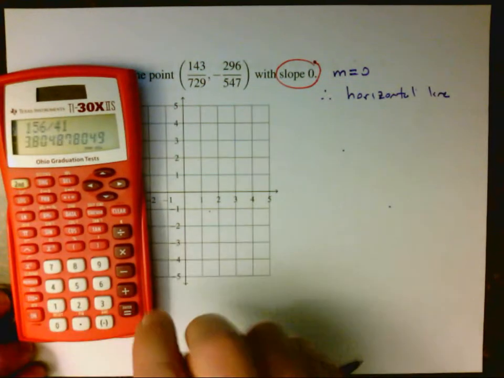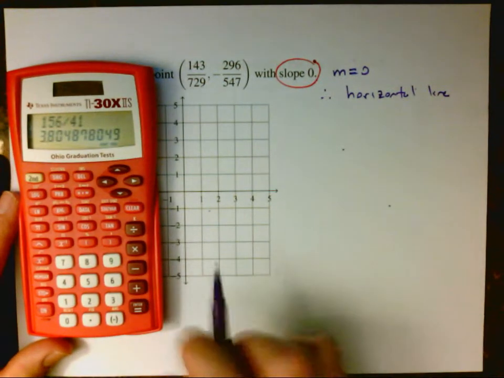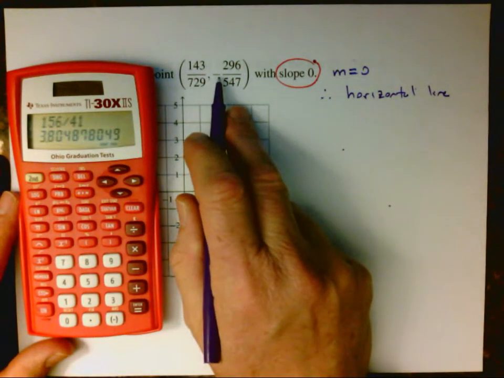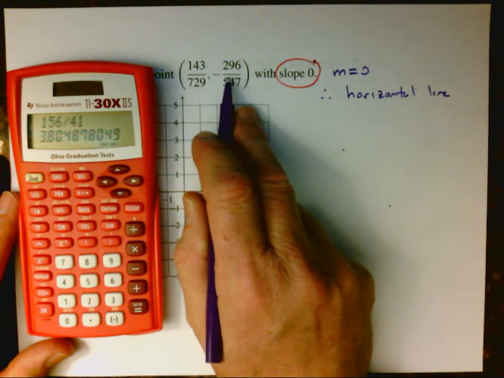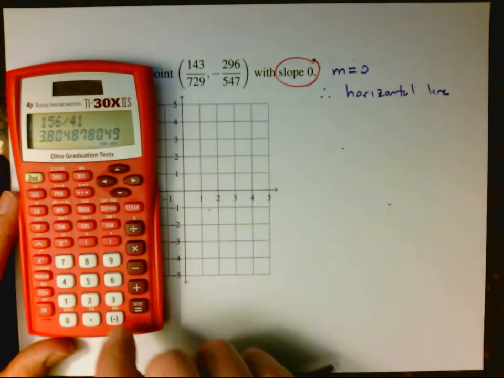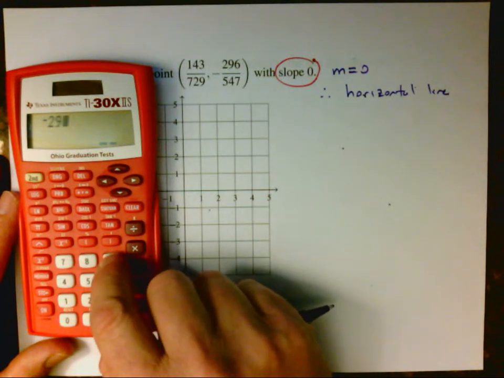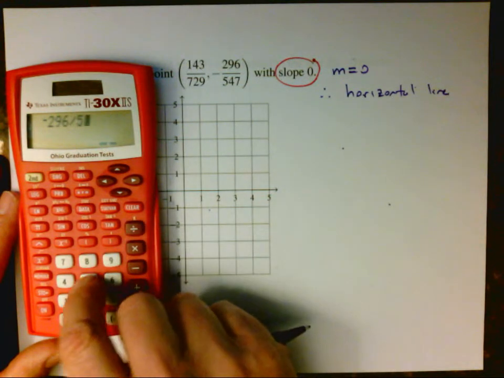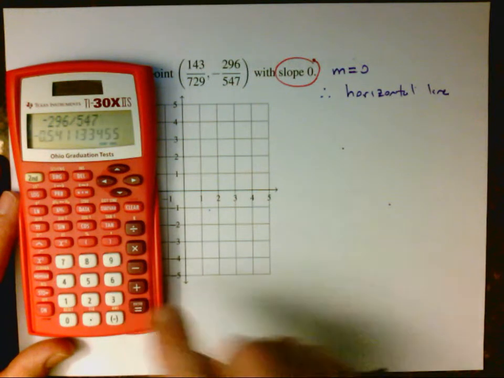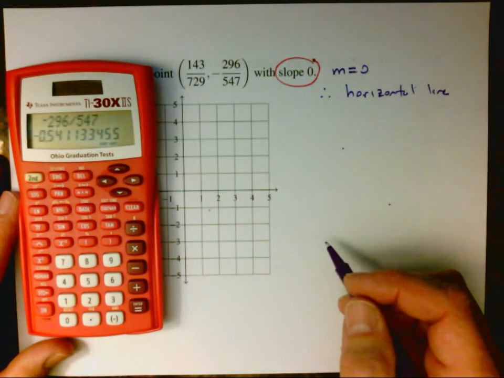All we really need to know is how high it is. It's negative 296 divided by 547. That's approximately negative 0.5 and change.